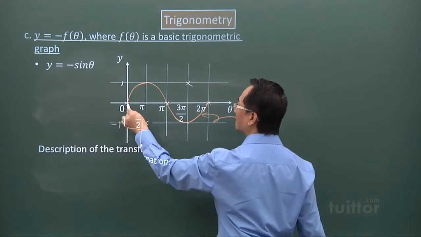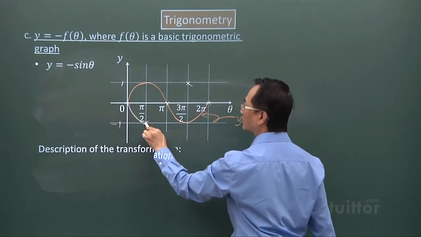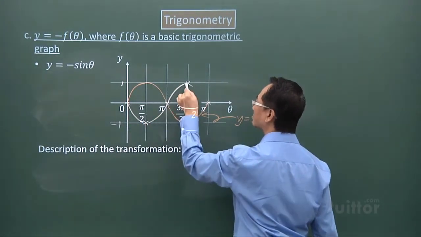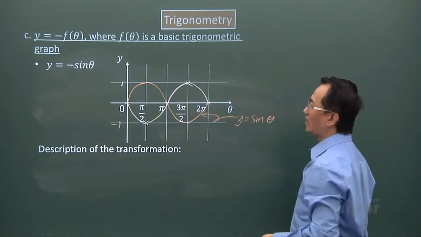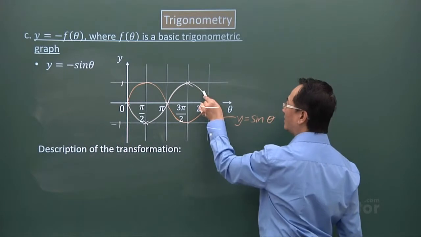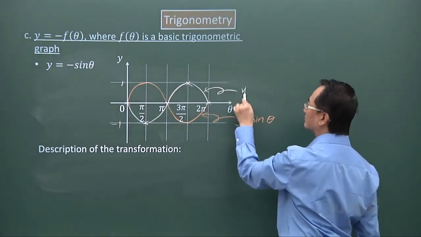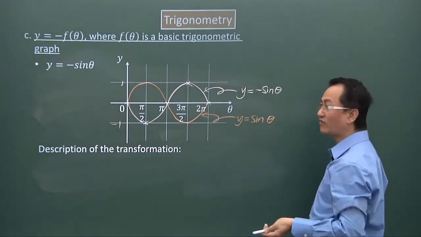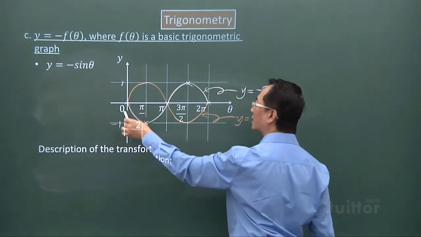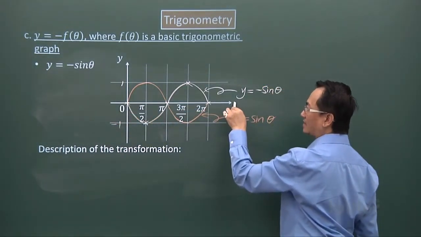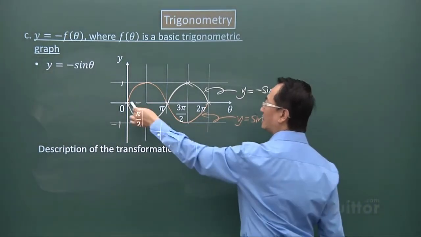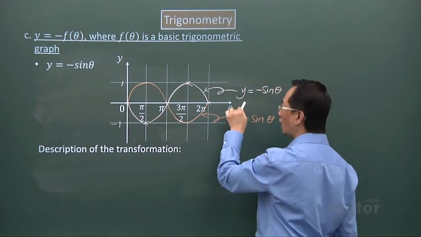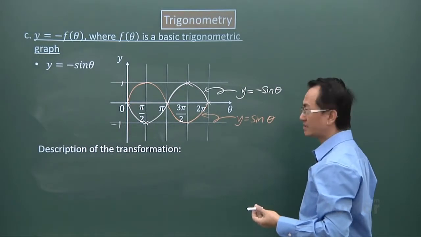So if I just draw that graph by joining all the critical points, you have a sense that that original graph with the introduction of a negative sign in front has actually been reflected along the theta axis. You can see this orange part is reflected onto the white part along the horizontal axis.